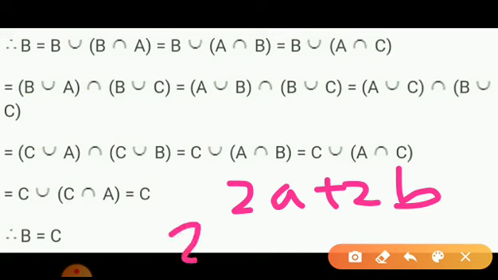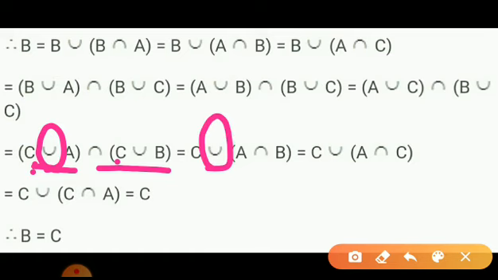You will take that 2 outside and write. Yes, the same thing is here. Now here it is (C union A) intersection (C union B). C has been distributed to both A and B. So I have to write C, here it is union, so it will be union, A intersection B.